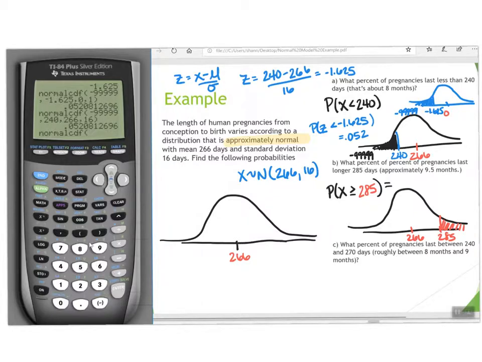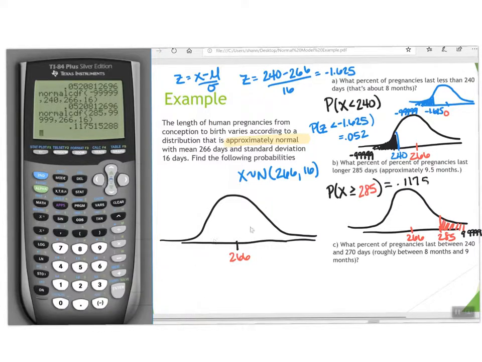The lower bound is 285, and the upper bound, because we're on the right-hand side, is 99999. Our mean is 266 and our standard deviation is 16. We calculate this, and we get 0.1175.